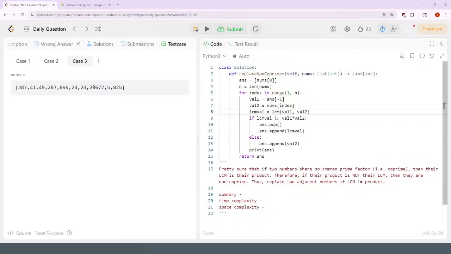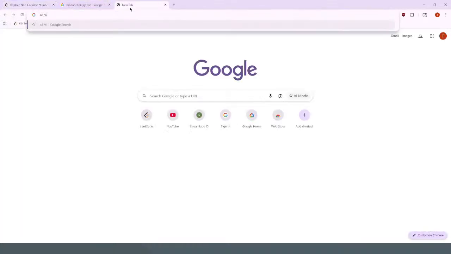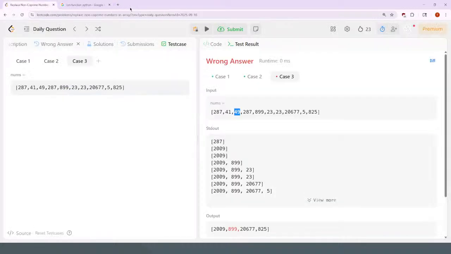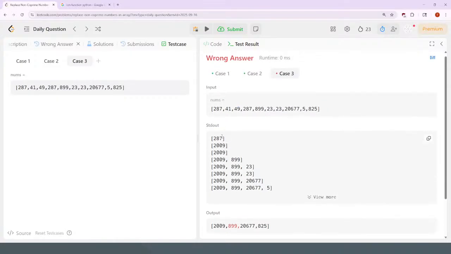So if they're not coprime, do the replacement. Oh wait, 287 and 41.